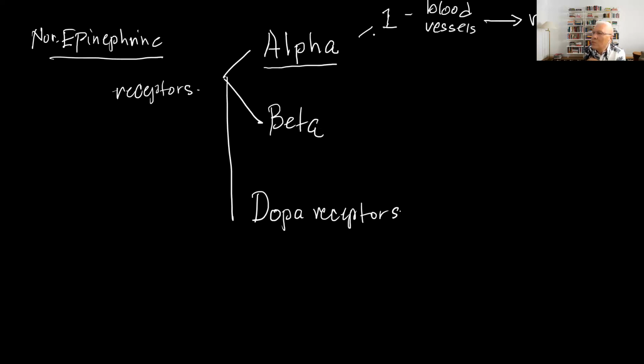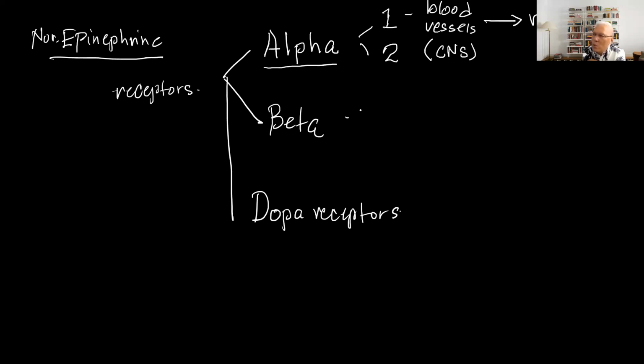Okay. So there's another kind of receptor that is alpha receptor type 2, but these are found mainly in the central nervous system, so we're not going to talk much about that. All right, so epinephrine further circulates in the body, and it can also enter into other doors, and these are called beta receptors.